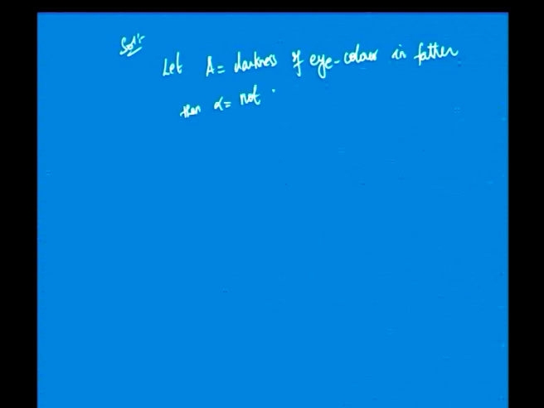Let A is equal to darkness of eye color in father. Okay. Then you will have alpha is equal to not darkness of eye color in father.